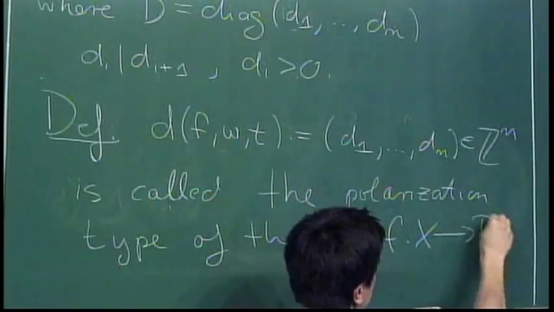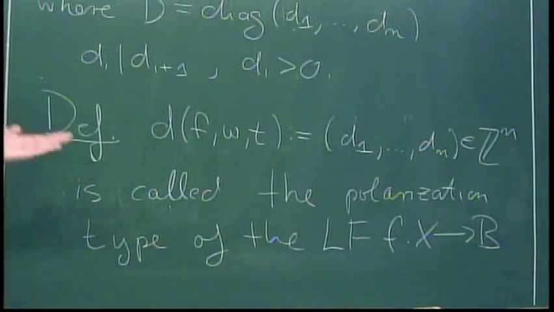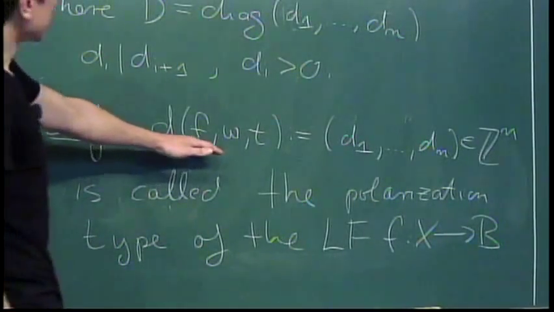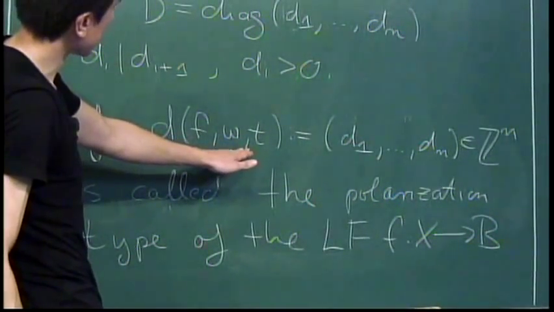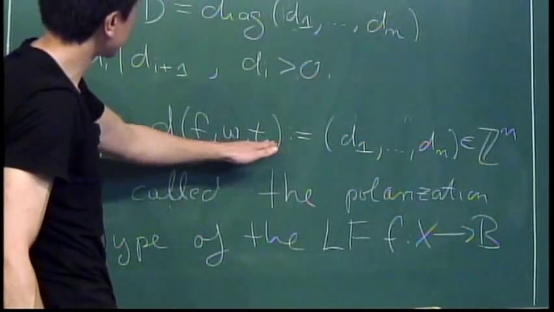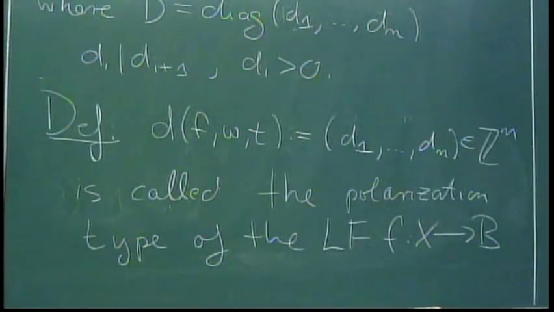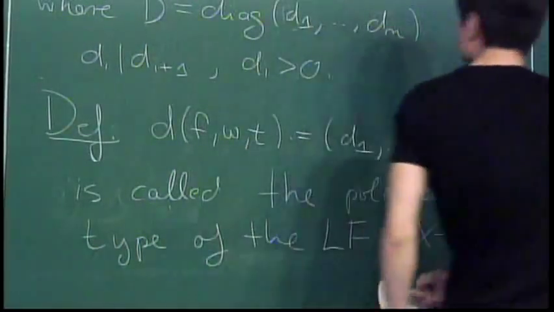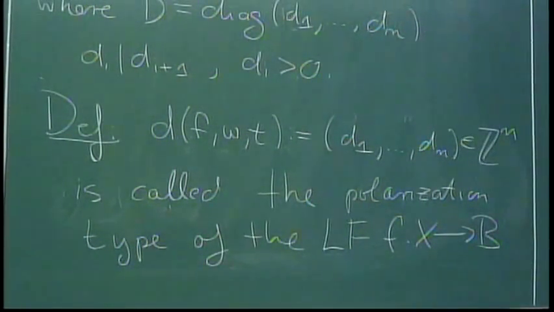Now I say the polarization type, so I actually put here a statement that this indeed does not depend on the chosen special Kähler class omega and the fiber X_t.